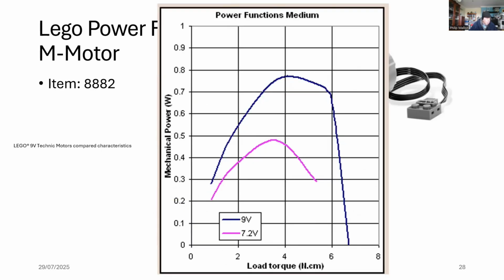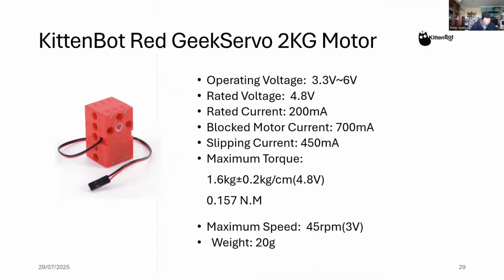And we can also have a look at the power versus torque. So when we're doing design, having diagrams like this can help us choose the most efficient torque, or the maximum torque that we can get out of a particular motor.